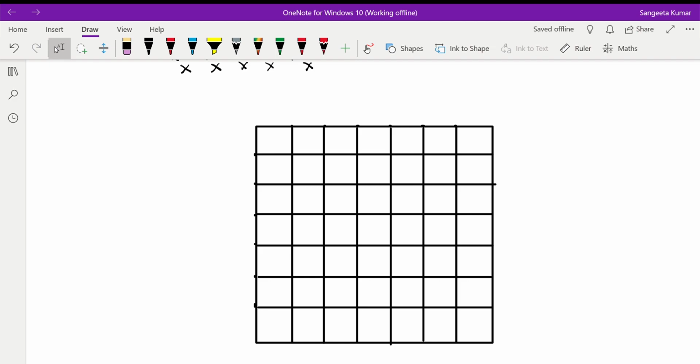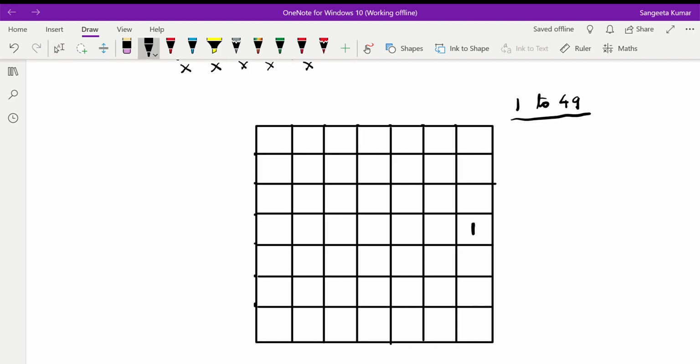That can easily be done with the help of this grid. So here we have to fill the numbers from 1 to 49. Here we can find out the centermost number. First of all, the last column is this, 1, 2, 3, 4, 5, 6, 7. This is the centermost, which will be occupied by 1.